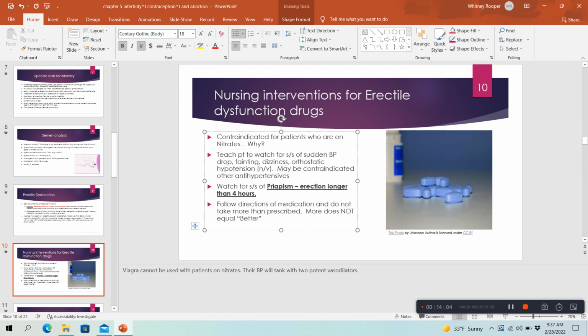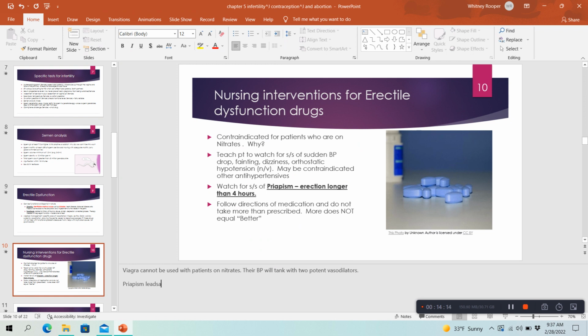Because what happens is you get blood into the penis that you can't get back out, and if you don't get it back out quickly, you start getting tissue ischemia and tissue death, necrosis of the penis. We're talking about possibly losing your penis if you don't get that corrected quickly. So priapism is a medical emergency. A lot of times, they can give the patient some medications and relax them, and it'll go away.